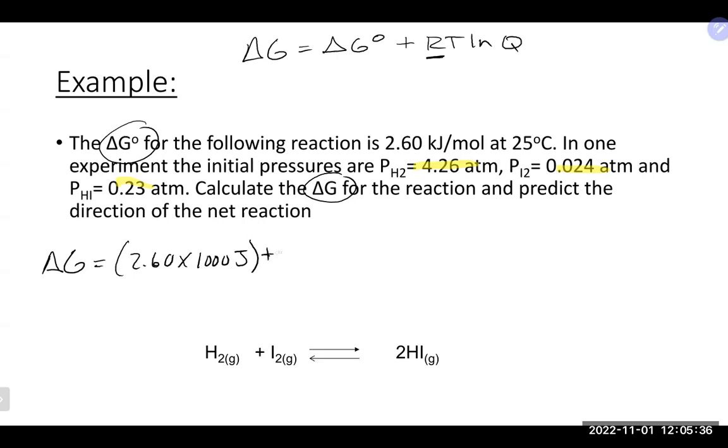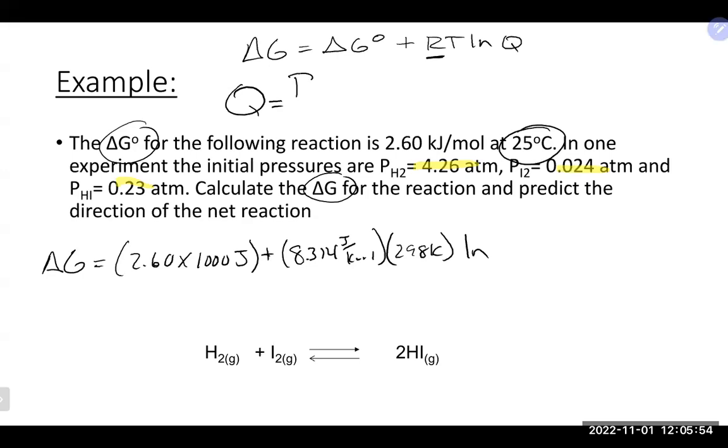Plus our R, 8.314 joules per Kelvin per mole. Our temperature, adding again 273 to that guy, gets us 298. And natural log of Q. Q in this case, again, is products over reactants, which means it really, in this case, is the pressure squared of HI divided by the pressure of H2 times the pressure of I2.